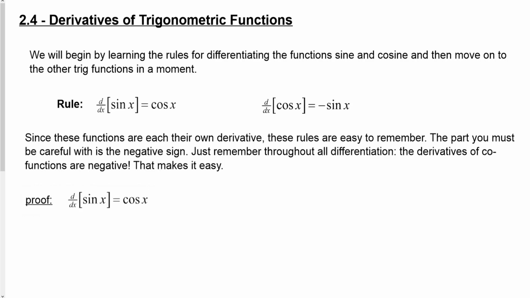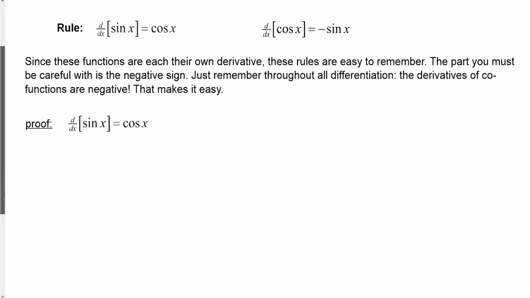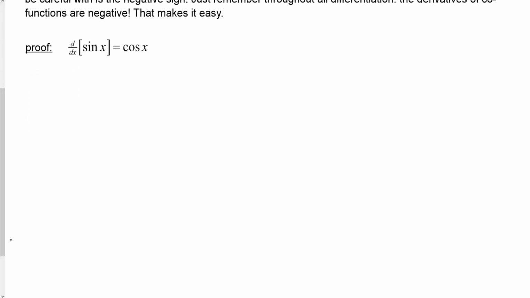Let's take a look at the proof of this derivative for sine x. In order to do the derivative with respect to x of the sine function, we will need to switch off to the limit definition in order to show that this works the way we expect it to.